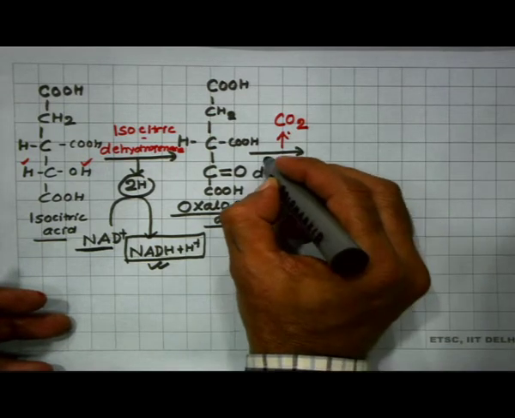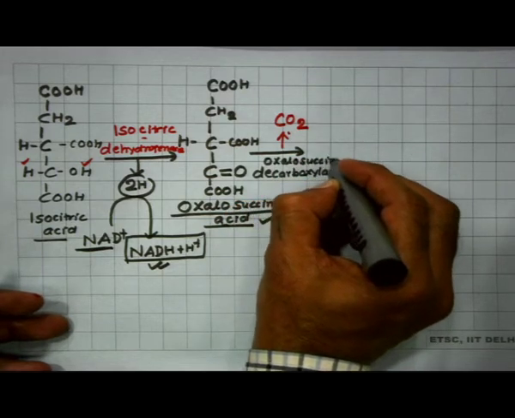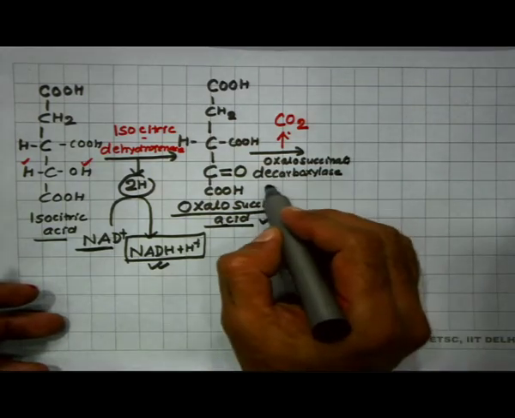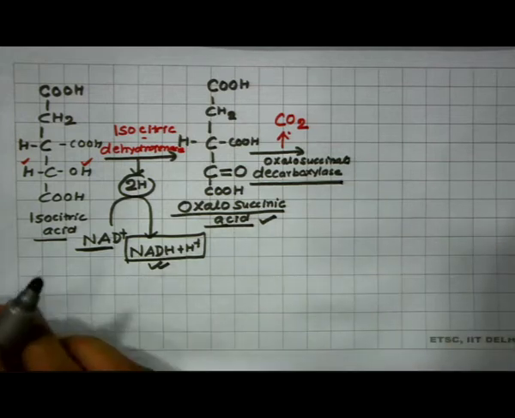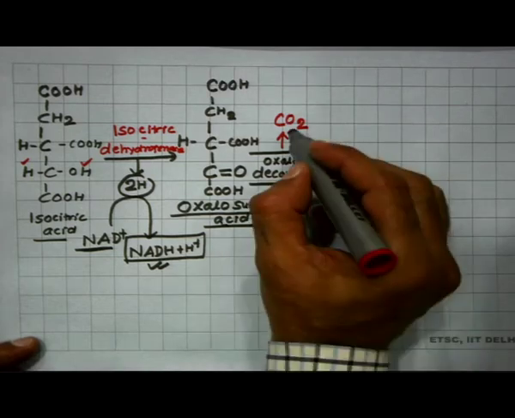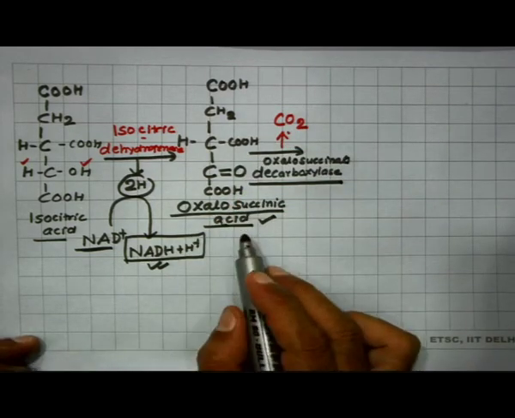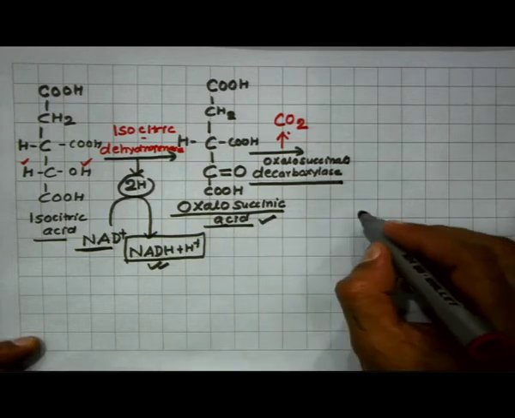Here the substrate is oxalosuccinate, so we can name it oxalosuccinate decarboxylase, and the carbon dioxide is removed. When we know from where the carbon dioxide is removed from the oxalosuccinic acid, we can easily write the next step.